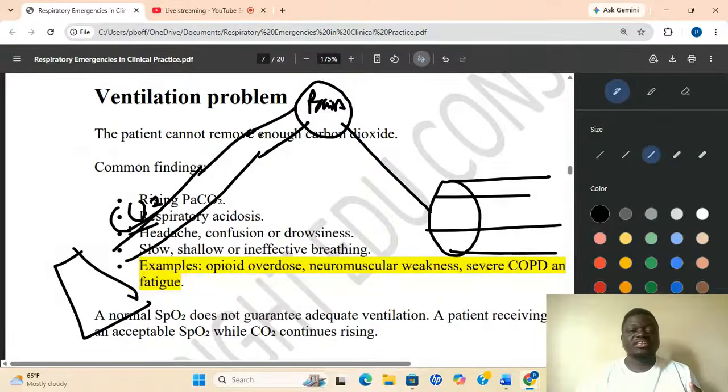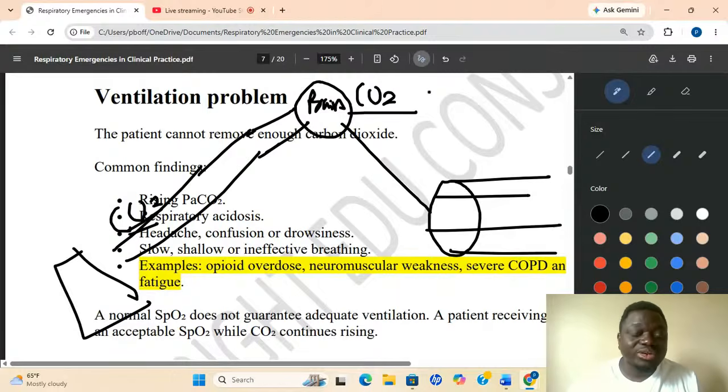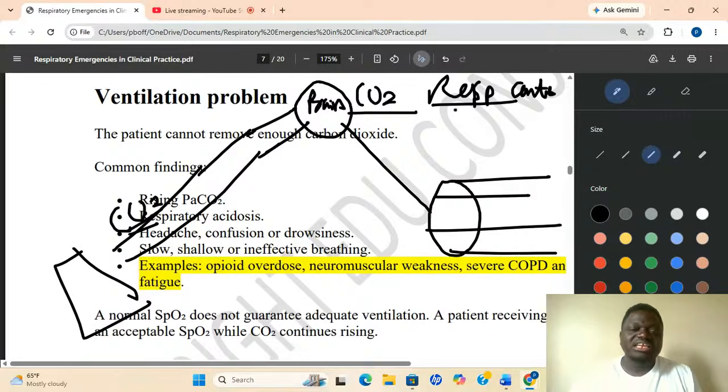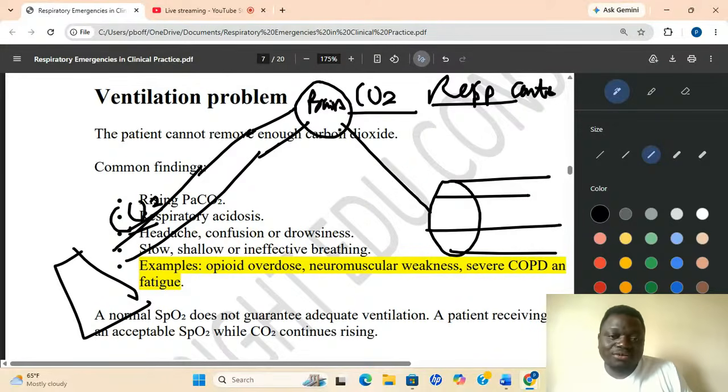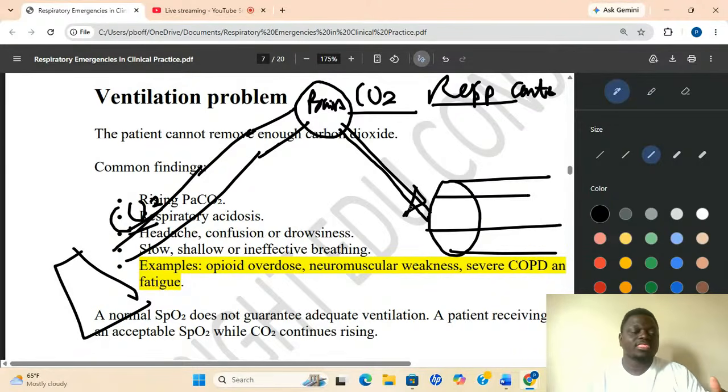Okay. Right. So if this CO2 gets to the brain here, there is a center here. We call it the respiration center. The CO2 will trigger the center, and the center will send impulses to your lungs to breathe.